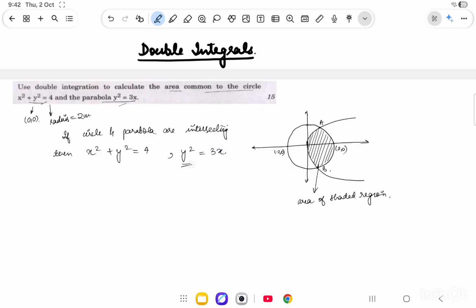So we'll plug in this value of y square in the equation of the circle to reduce it to quadratic form in terms of x. So it will be x square plus 3x equals 4.